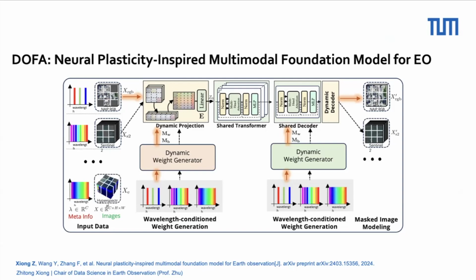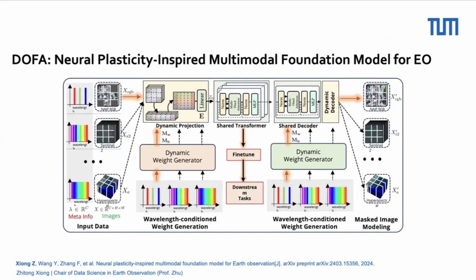And so it is for the hyperspectral data. After the model is trained, we can use the single set of model weights to fine-tune it on different types of data sources on different downstream tasks. So this is the main process of the DOFA.